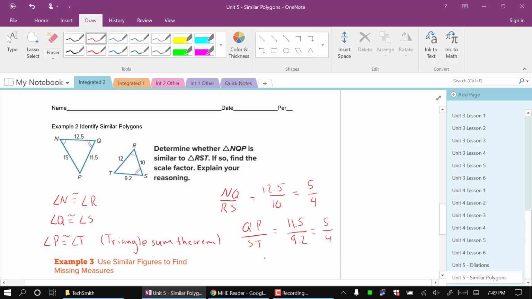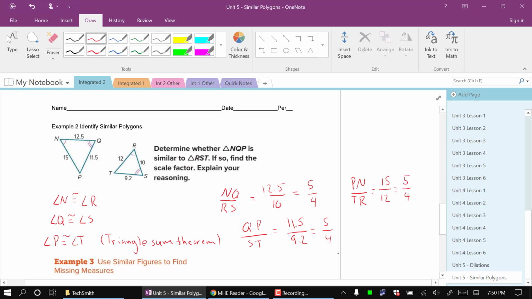And then our last one is PN and TR. PN is 15, TR is 12, so this is 15/12, which is 5/4.